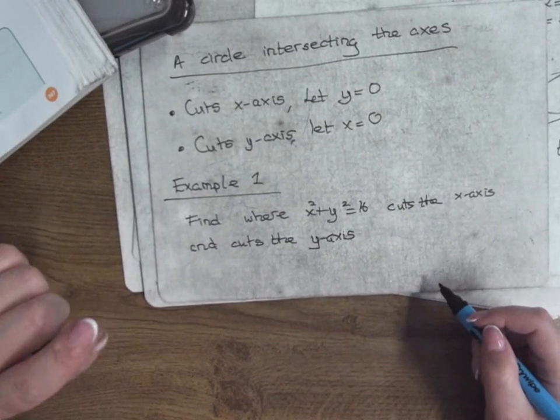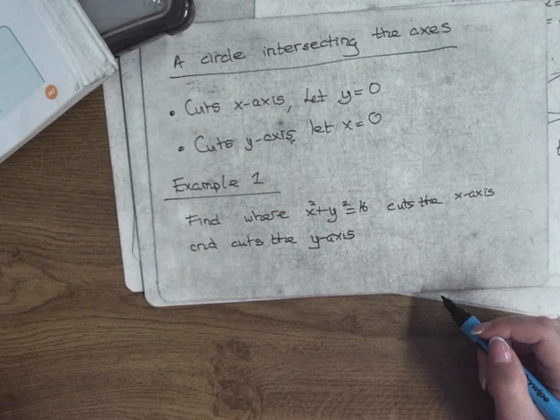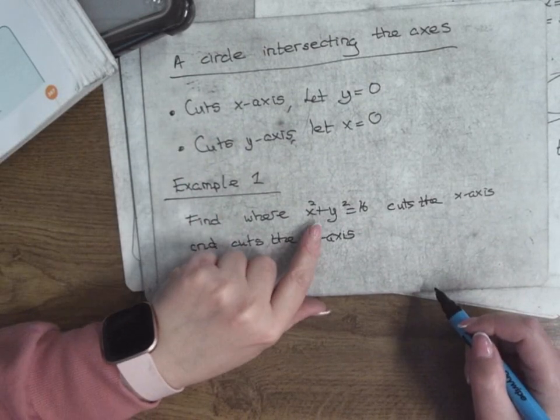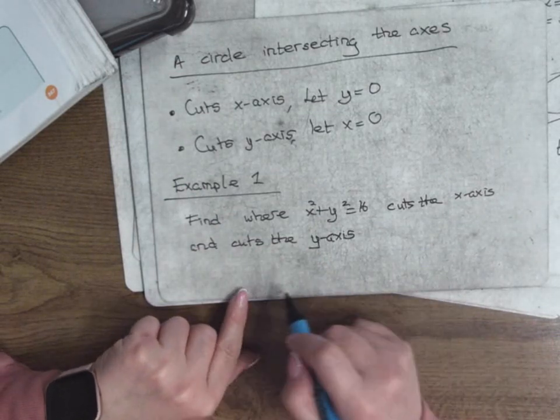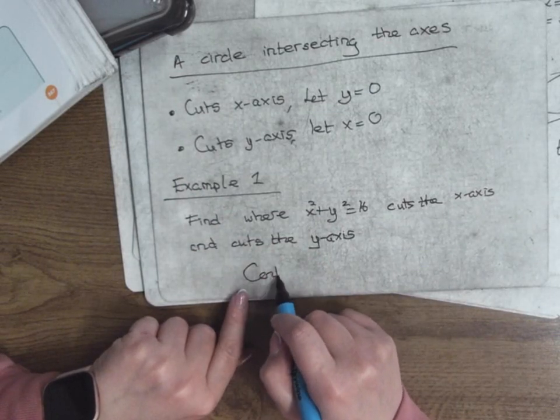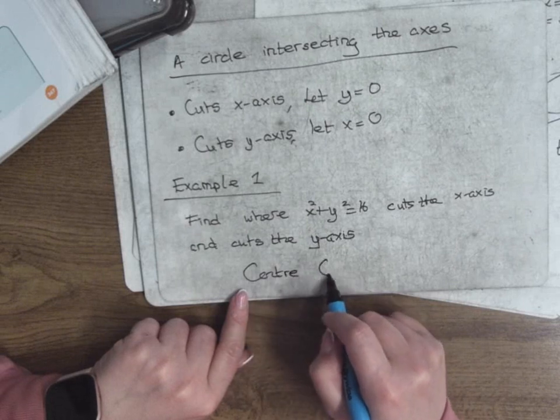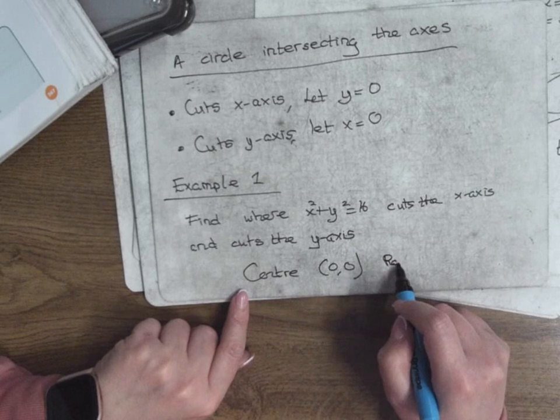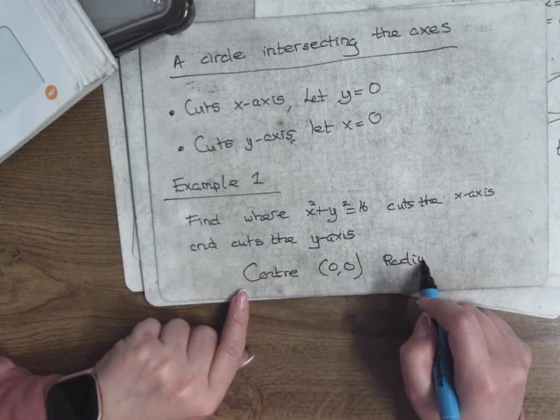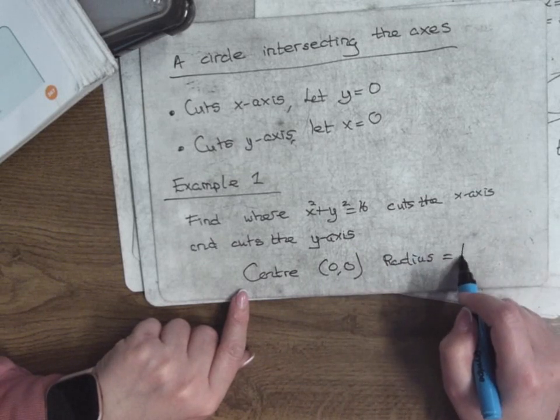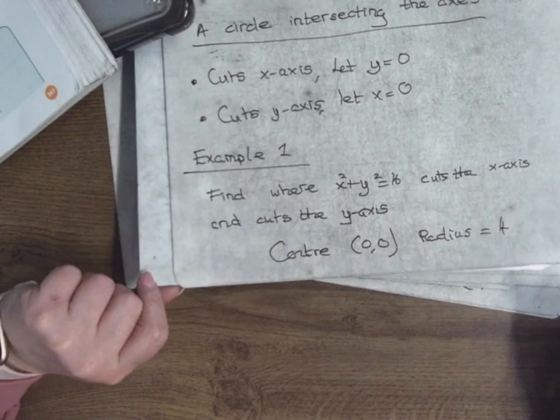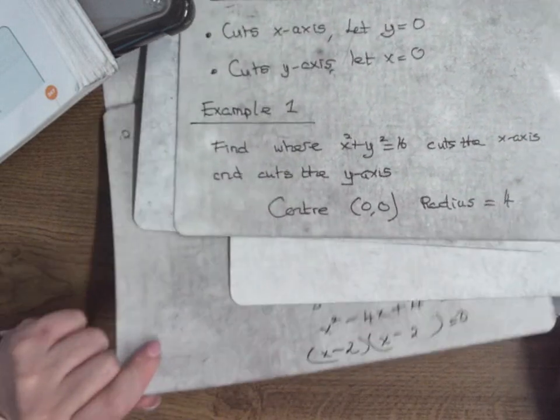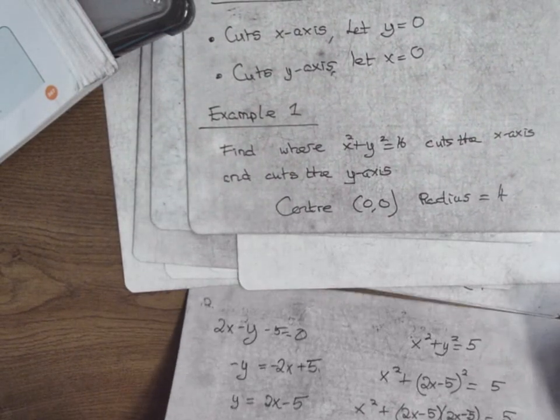Right, okay. I actually don't need to apply my rules here because I can do this knowing what I know already. Tell me about that circle. Center 0, 0. Radius 4. I drew this at the start of the chapter and it will cross at 4, 0, 0, minus 4, minus 4, 0, and whatever the other one is I'm missing.